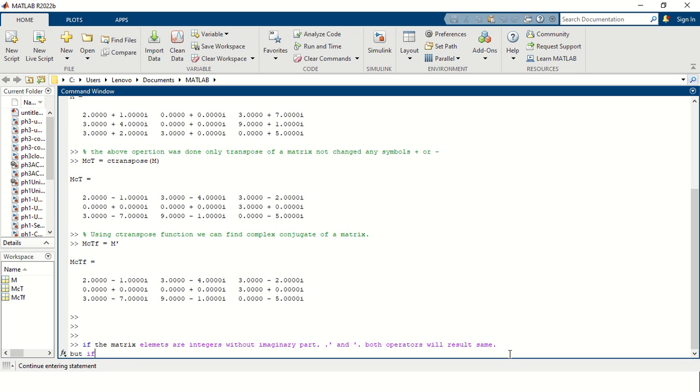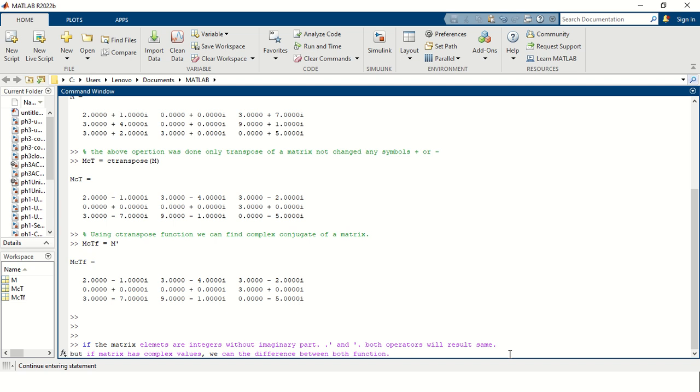But if a matrix has complex values, we can see the difference between both functions.